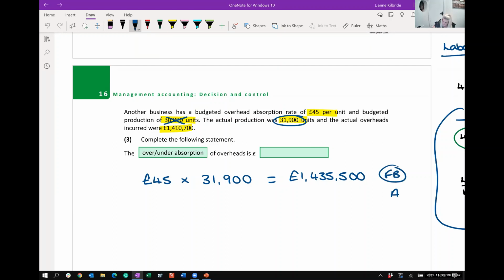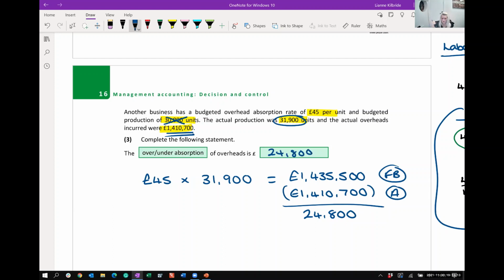If we then compare that to the actual cost, we're just going to write the actual cost there, and we compare the difference. If you take the actual figure away, you get a figure of 24,800. So that's the difference.